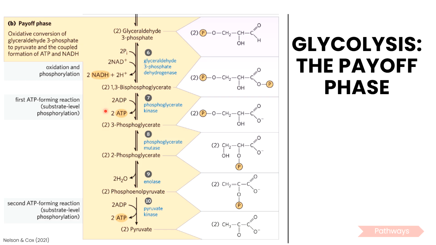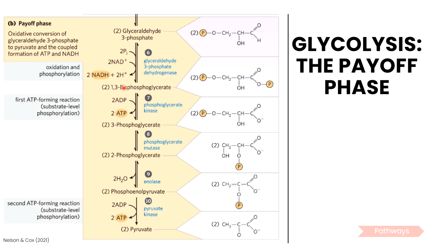Since we have 2 3-carbon molecules moving through the pathway, 2 ATP molecules are then produced. But do not forget, we spent 2 ATP during the preparatory phase. So at this point, we've only recovered our original ATP investment. We have not reached a net ATP gain yet.